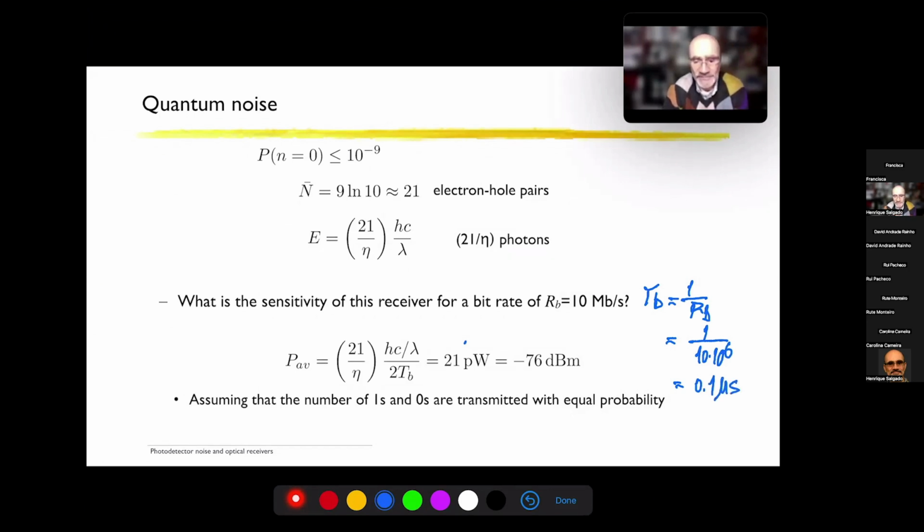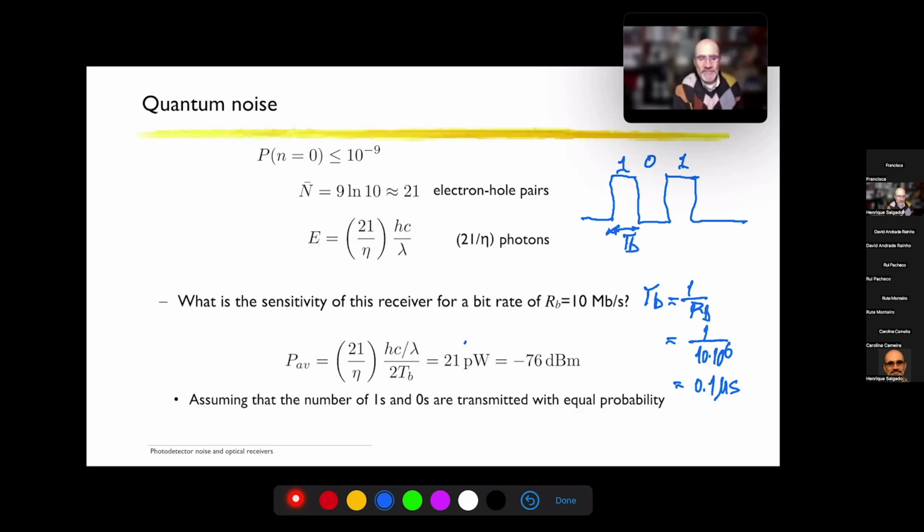Okay. And so if I have a sequence of pulses, for example, 1, 0, 1, 0. So this will be a 1, a 0, a 1. And this is the duration of the pulse.